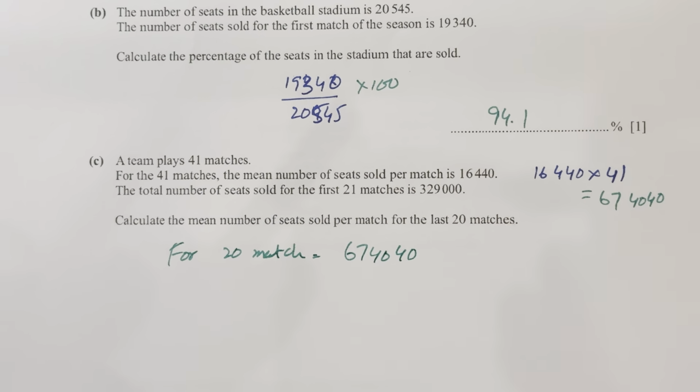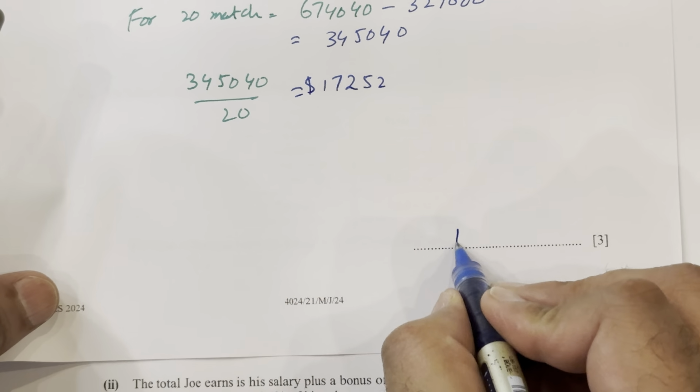After subtracting, we get the answer that is equal to 345,040, and we have to calculate the mean value of these 20 matches, so we divide it by 20. After dividing by 20, we get the answer that is equal to 17,252. So our answer is 17,252.